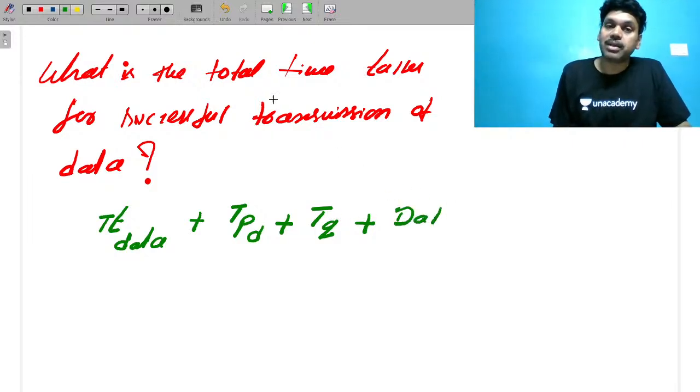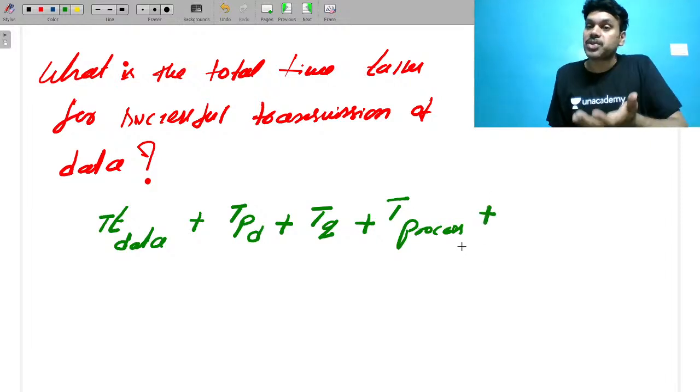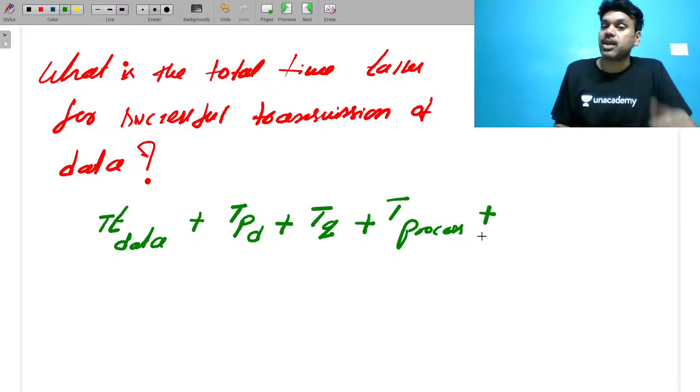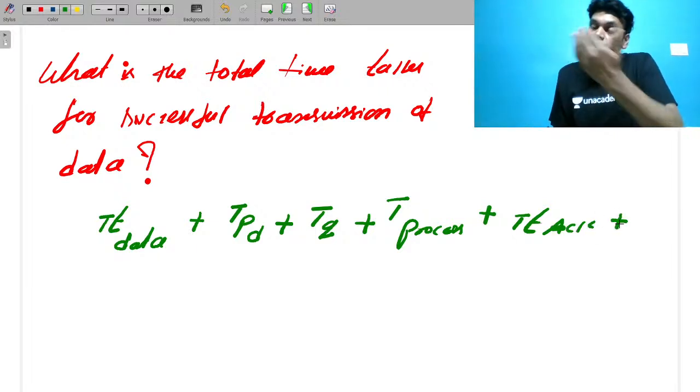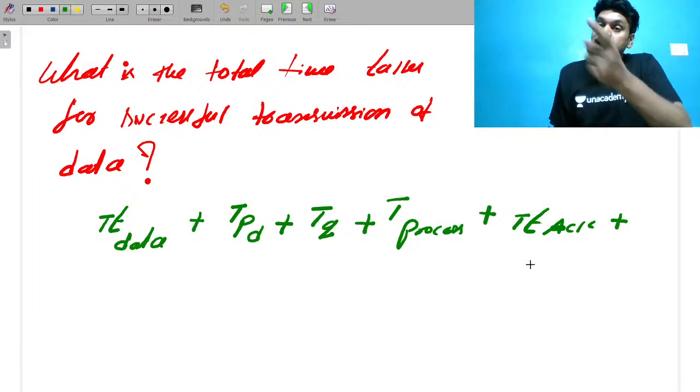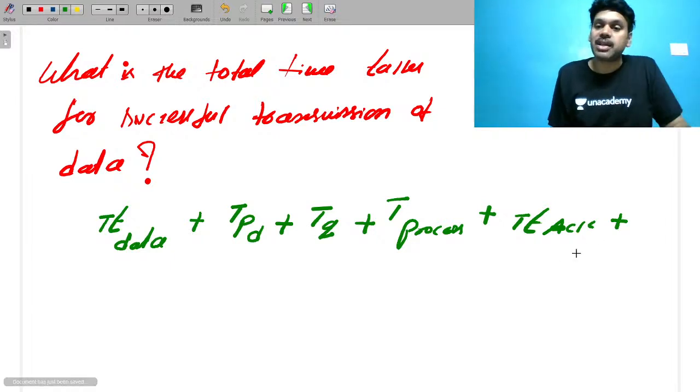Data processing, I can write that as T process. Then once the data is processed, the receiver will construct the acknowledgement, TT for acknowledgement. Once the acknowledgement has been posted onto the medium at the receiver side, that acknowledgement also has to do a physical journey.